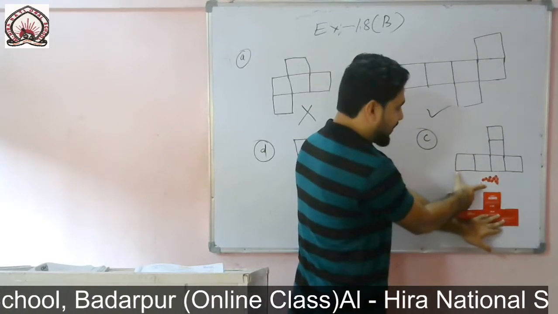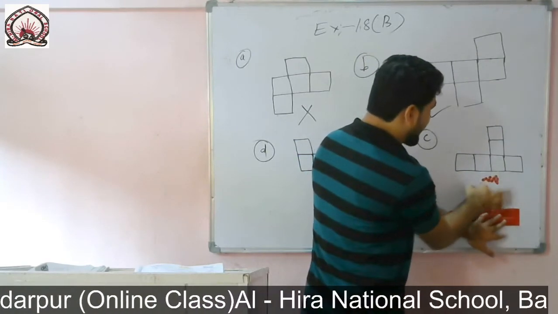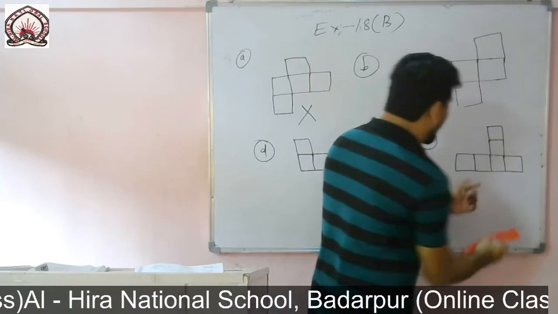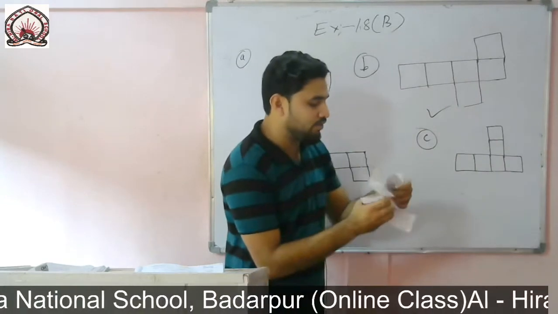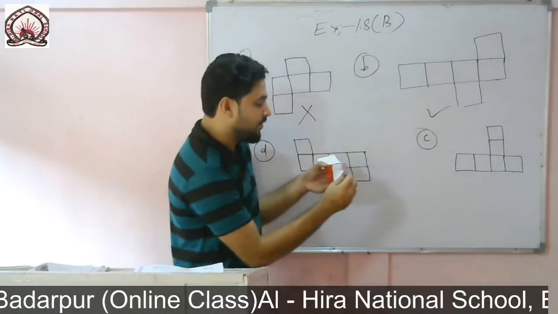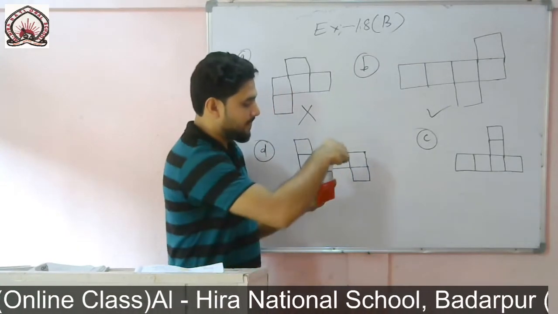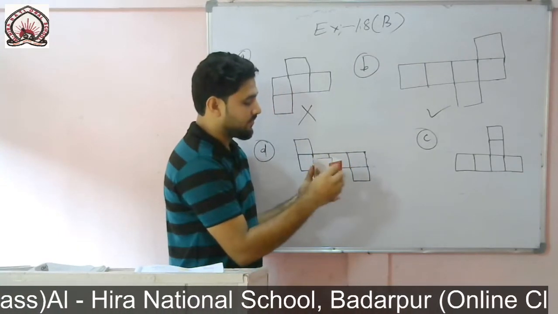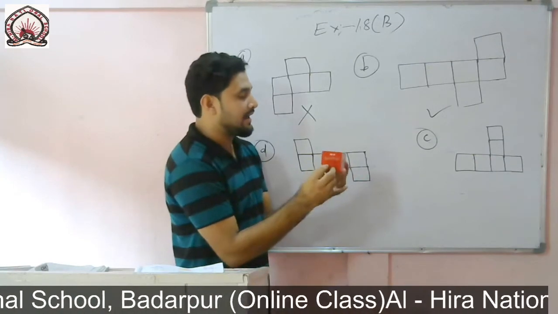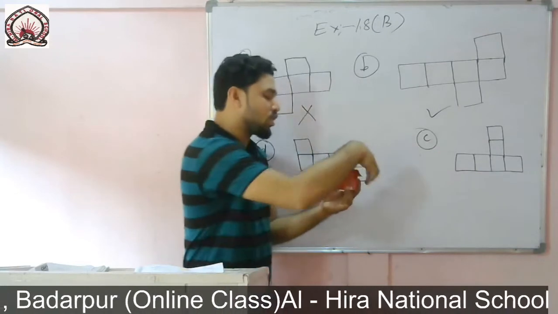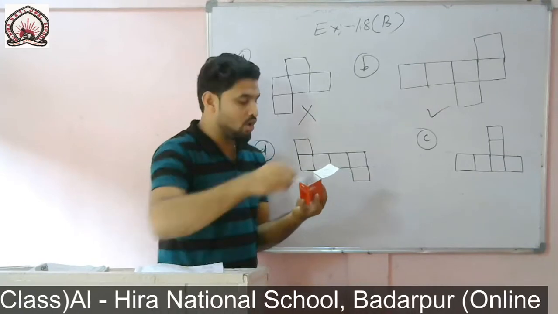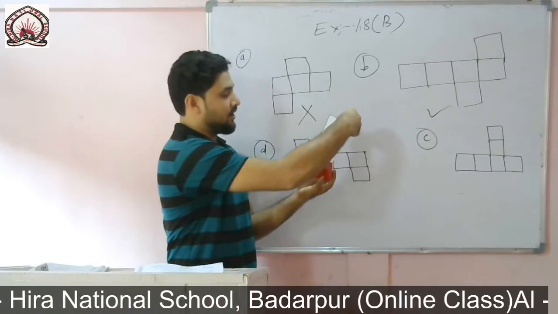Now let us fold this one, okay. 1 2 3 4, 1 2 3 4, 2 tops, okay. First of all, 4 sides are there, so you can bend 4 sides like this. Now 2 tops are there, and with this, 1 more top is joined.